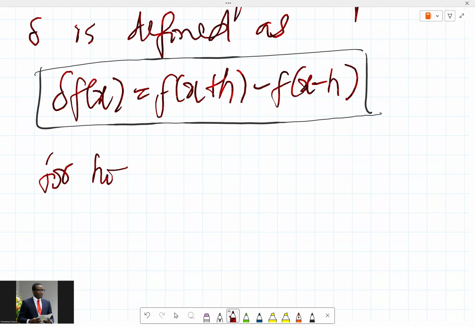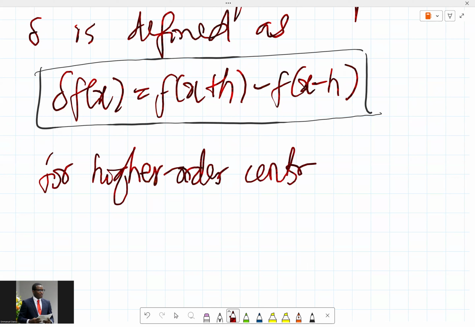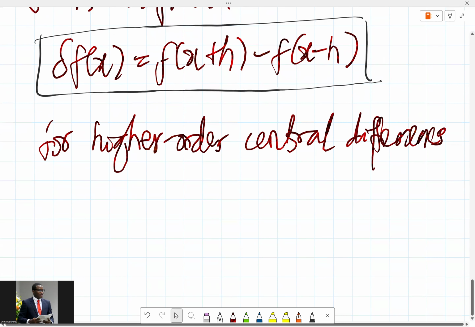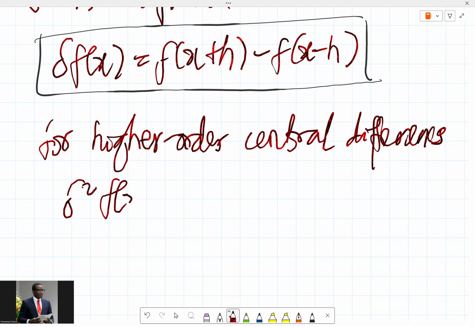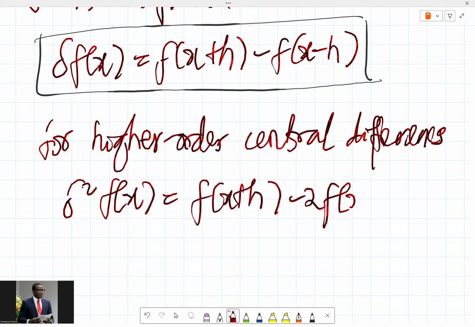As usual, for higher order central differences, we have delta squared f of x equals f of x plus h minus 2f of x plus f of x minus h. The same thing can just go on for everything we've been doing so far.